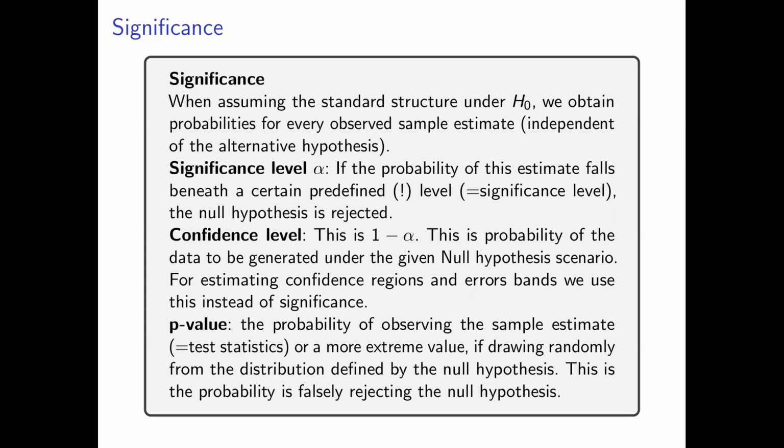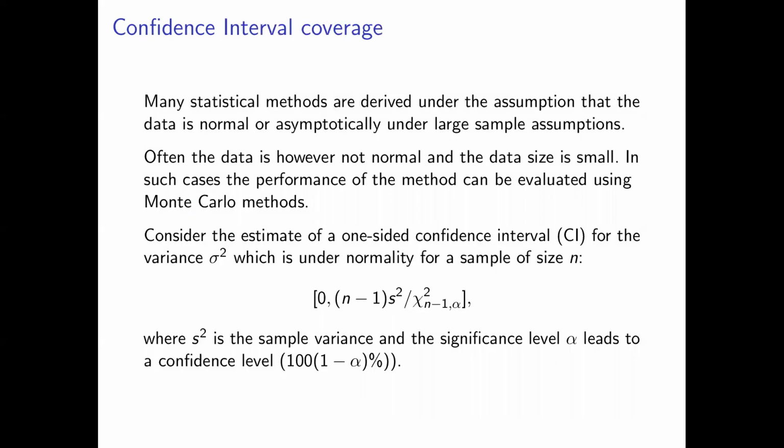The p-value, the most important and wrongly interpreted value ever in statistics: the probability of actually observing a sample estimate or a more extreme value given the null hypothesis were true, which is the probability of falsely rejecting the null hypothesis for a given data.